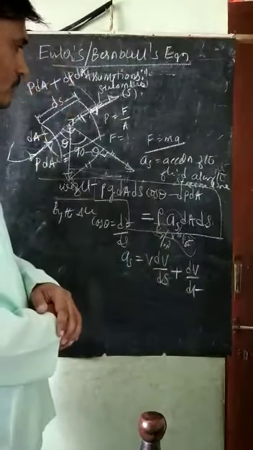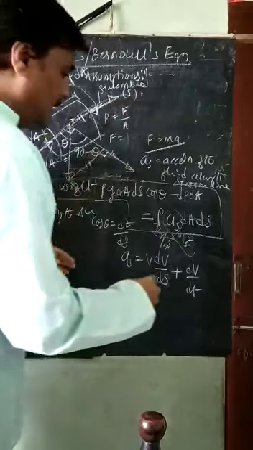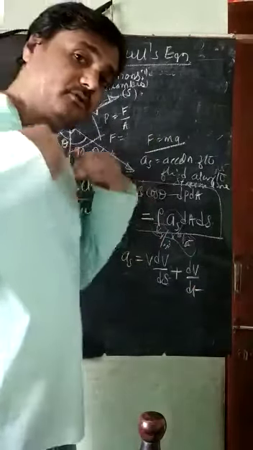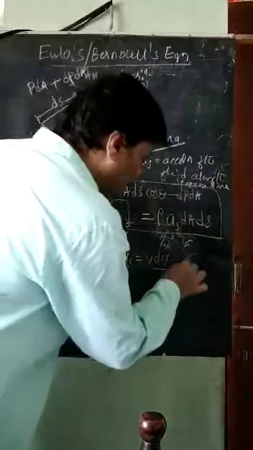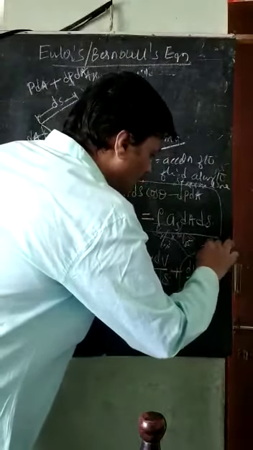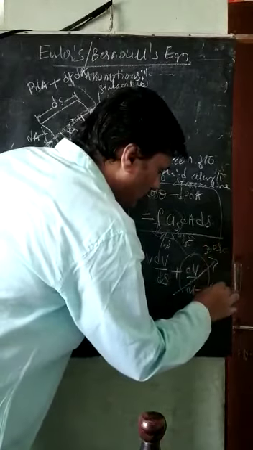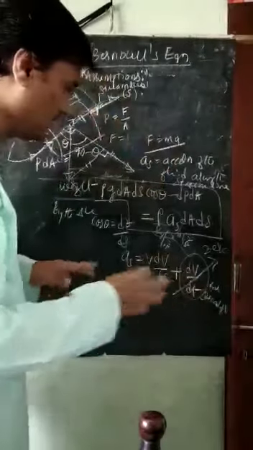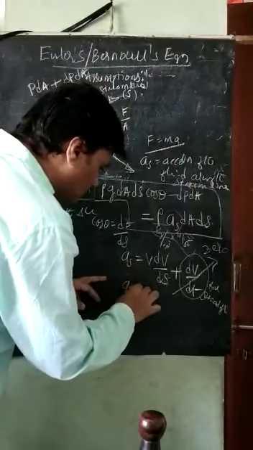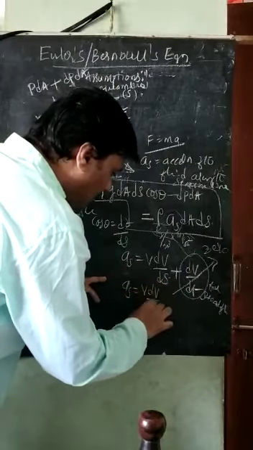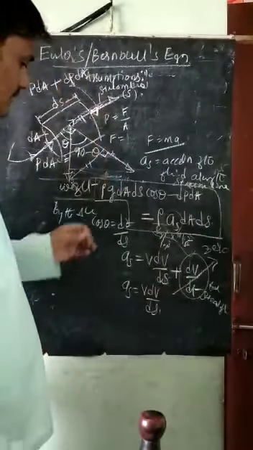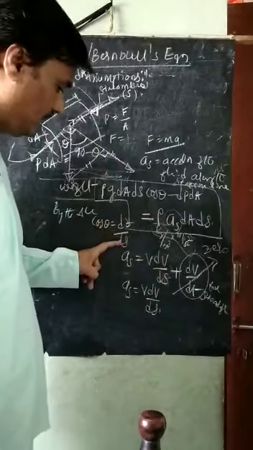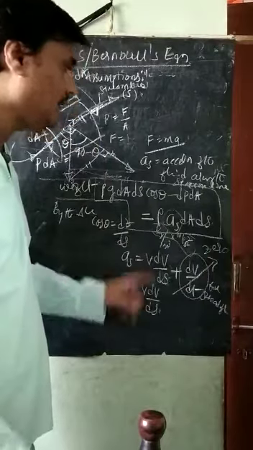We have assumed a steady flow, which means no parameter varies with respect to time, so dV by dt is 0 for steady flow. Therefore AS is equal to V into dV by ds. So the two parameters are: cos theta is equal to dz by ds, and AS is equal to V dV by ds.